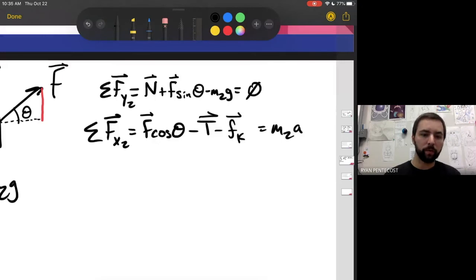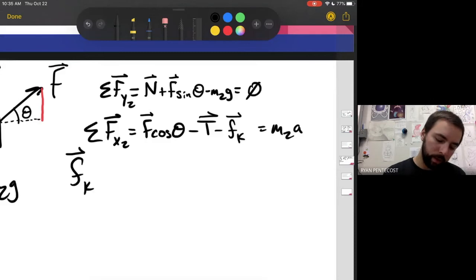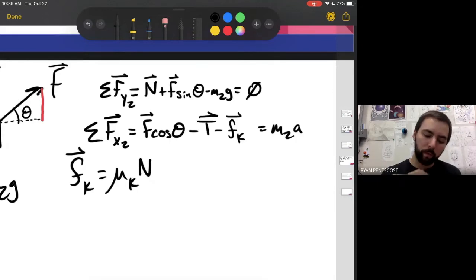Okay. Now we need to analyze the tension and the friction. Let's do the friction first. We've got Fk, okay, that will equal mu sub k times normal, but we can see what the normal force equals, right?